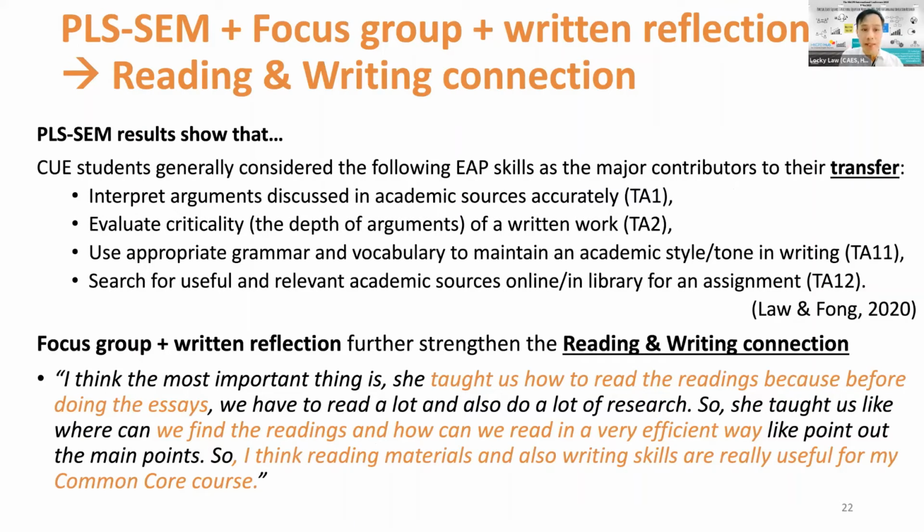So the PLS-SEM results show us that the CUE students generally considered the following EAP skills as major contributors to this transfer, including the interpretation of arguments discussed in the academic sources accurately, the evaluation of criticality of written work, using appropriate grammar and vocabulary to maintain an academic style or tone in writing, and search for useful, relevant academic sources online or in the library for assignments. So these basically point towards the reading and writing connection. And that's also being reflected in the focus group interviews.